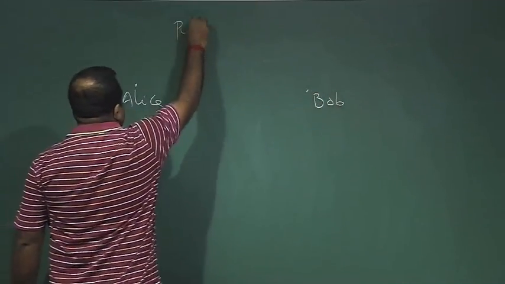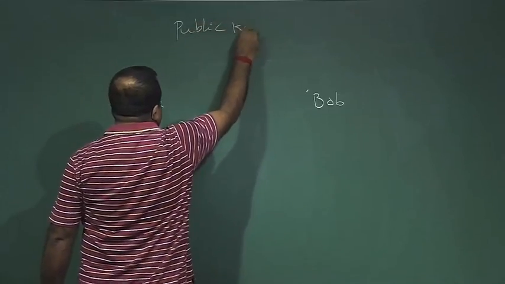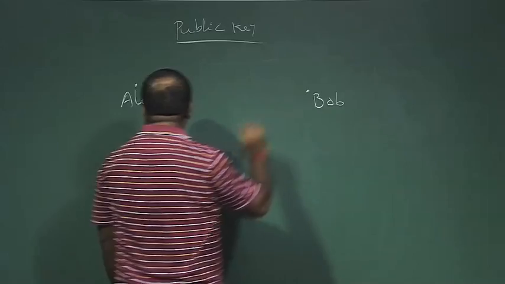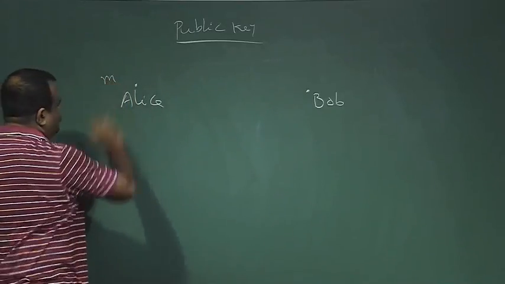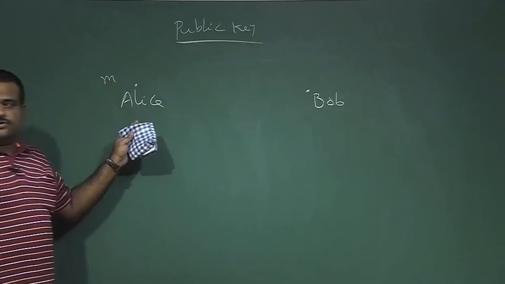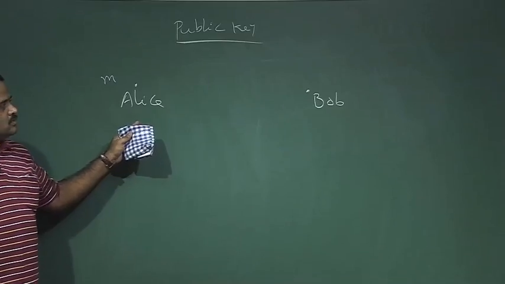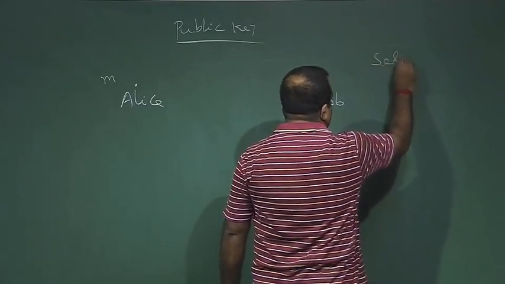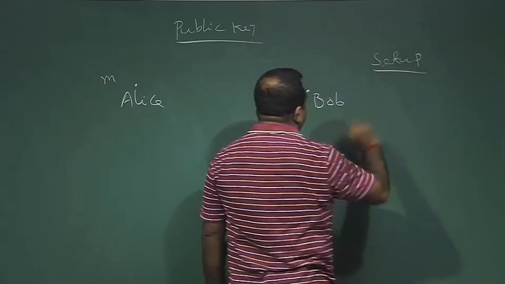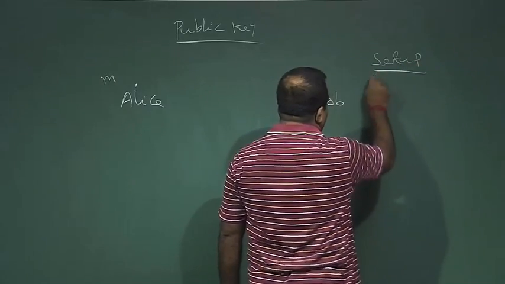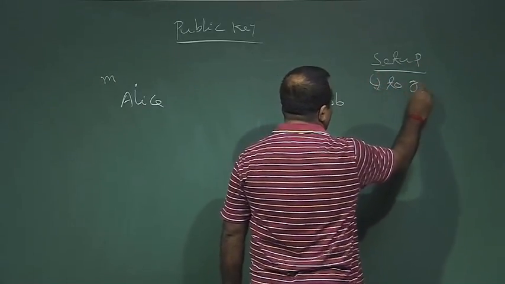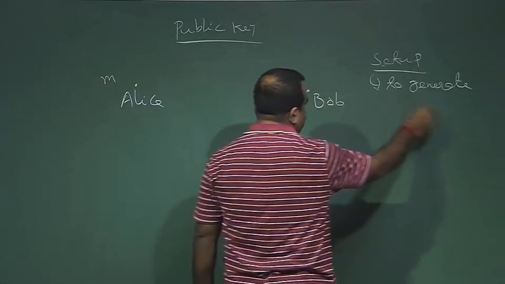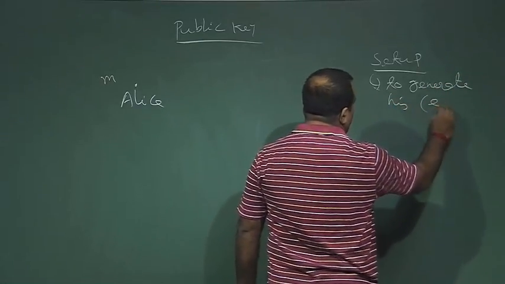So, in the public key setup, if Alice wants to send a message to Bob, then Alice needs to get Bob's public key. So, what does Bob have to do? Bob has to run the setup phase to generate his public key, private key pair.